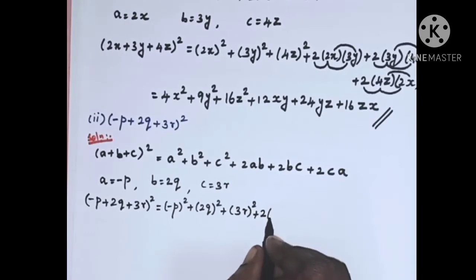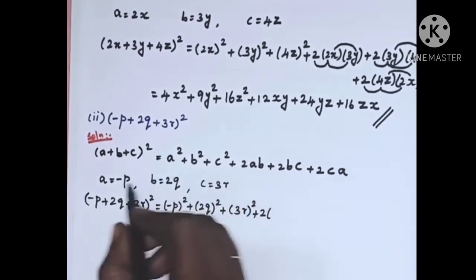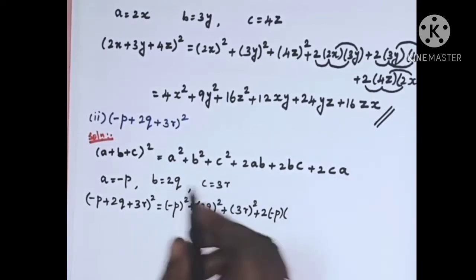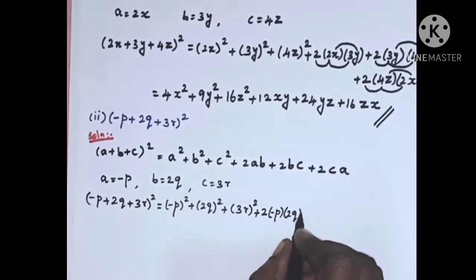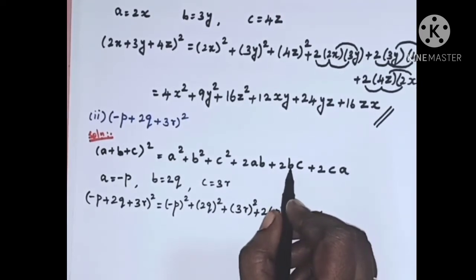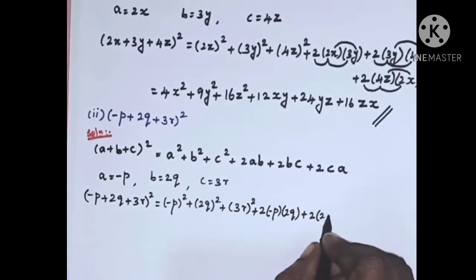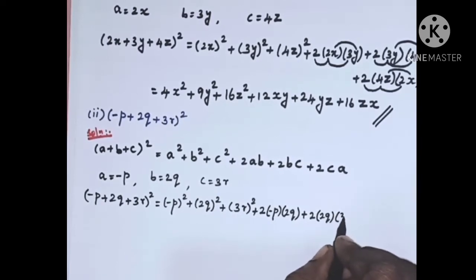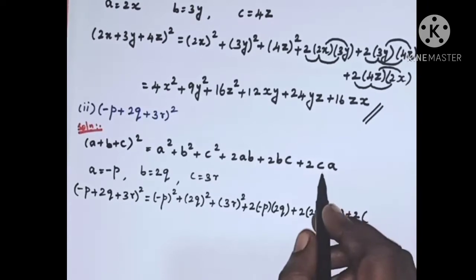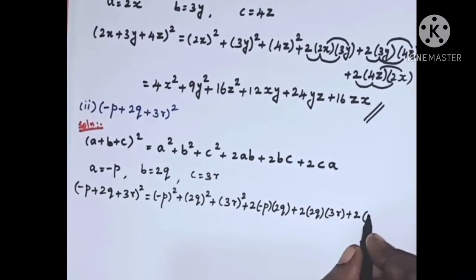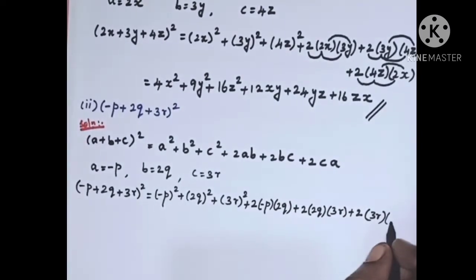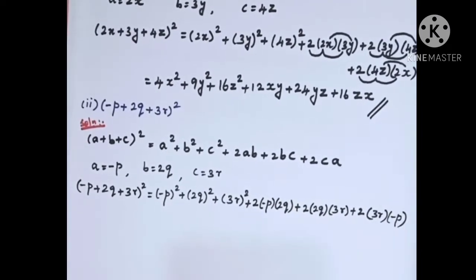So 2 into a into b. A value is minus p, so minus p into the value of b is 2q, plus 2 into bc. So in the place of b we have to put 2q and c is 3r, plus 2 into c. In the place of c we have to write 3r and a. So a value is minus p.